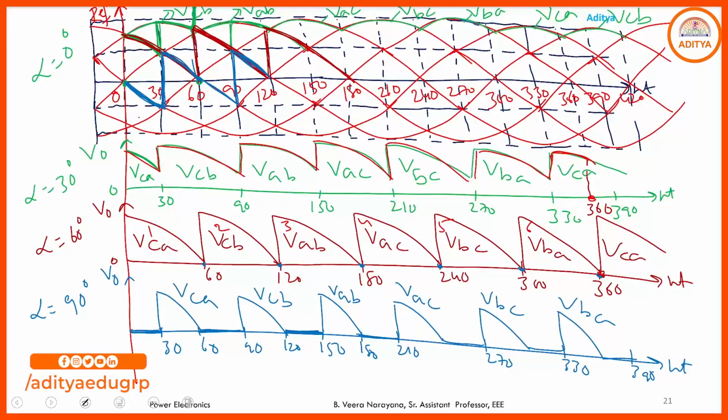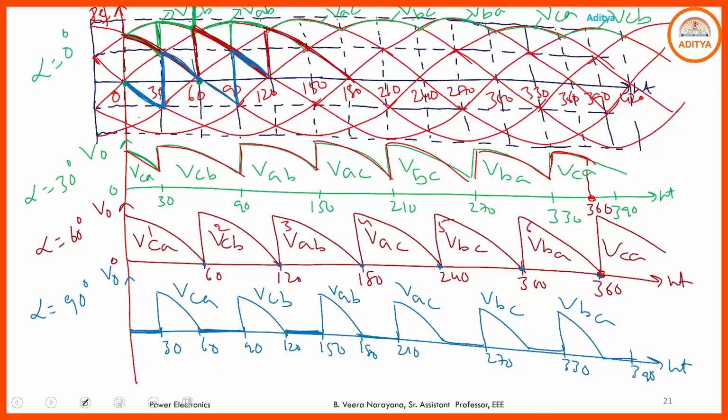If alpha is equal to 0, VAB is from 60 to 120. For alpha equal to 30, 90 to 150. For alpha equal to 60, 120 to 180. Then how can you write the limits?